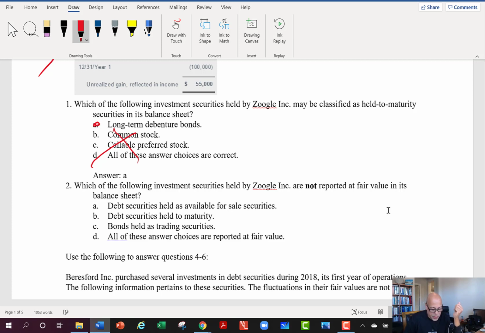Okay, good. Number two, which of the following investments held by, here's our buddy Zoogle again, are reported at fair value in its balance sheet? Well, that's going to be our trading debt securities, our available for sale debt securities, and then our stocks, right? Okay, so we take a look here.